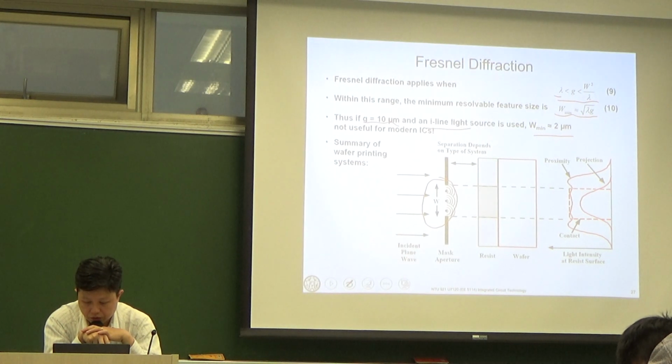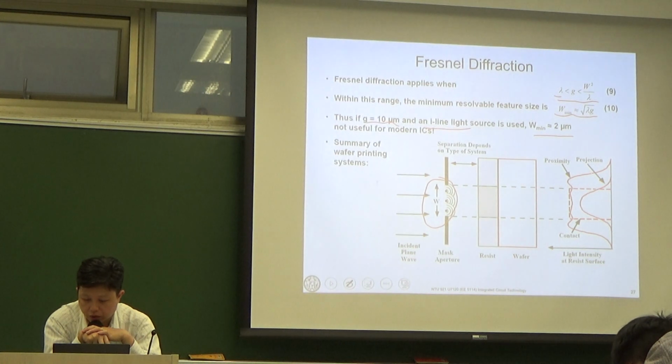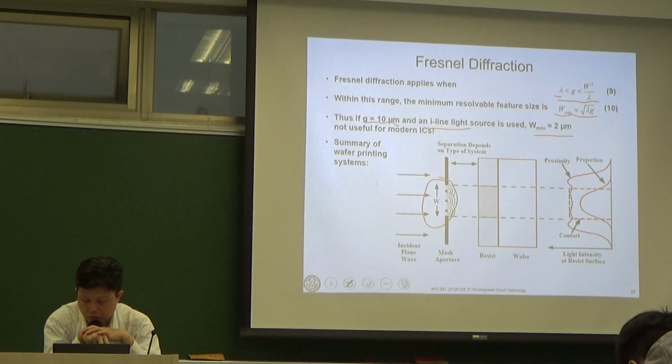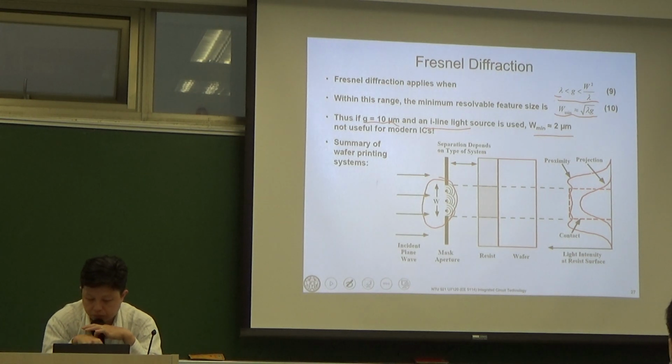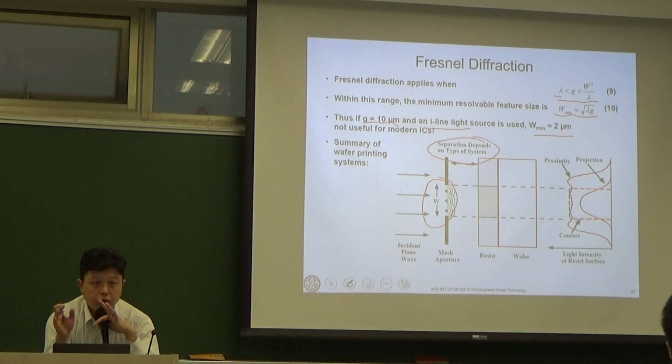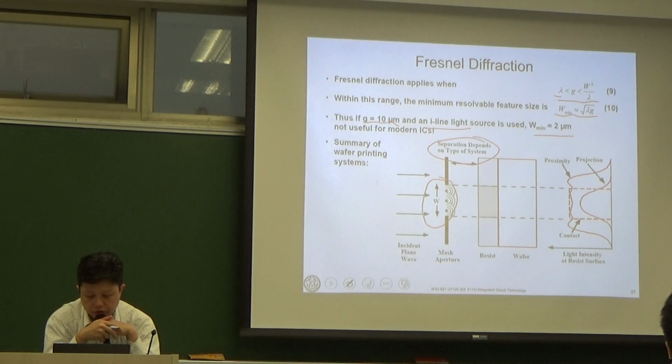So there's a figure below here to try to summarize the three types of exposure systems. And there's a separation distance in between, which depends on what type of system we are talking about.